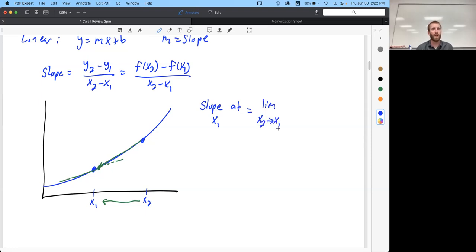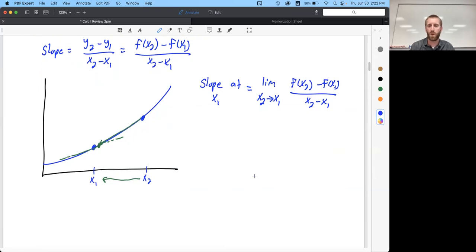That will make it infinitely close. And then it's the same idea, f of x2 minus f of x1 over x2 minus x1. So that's one way to write the slope. This gives the derivative at x1.